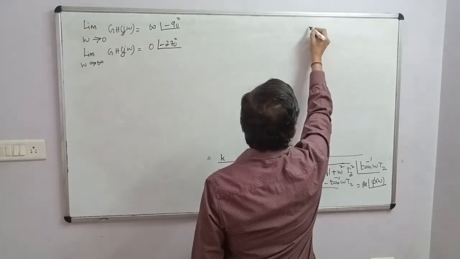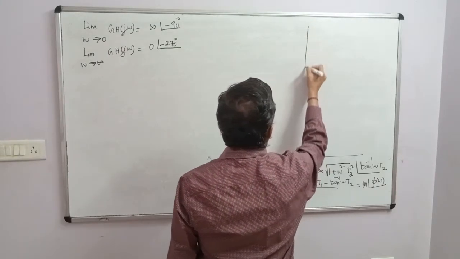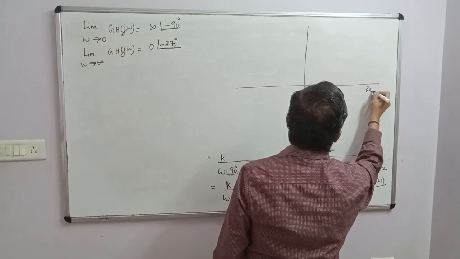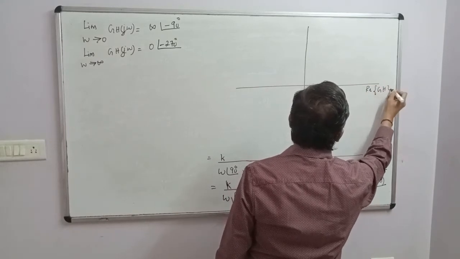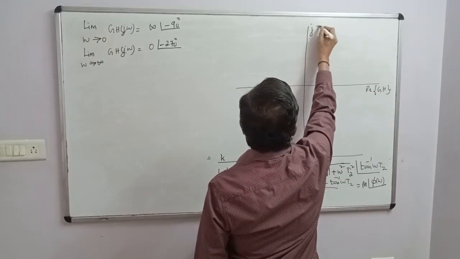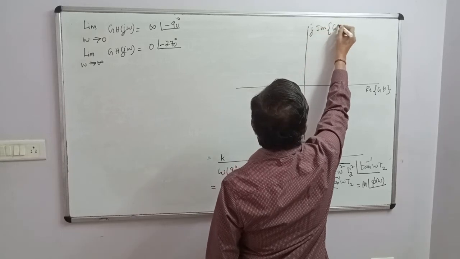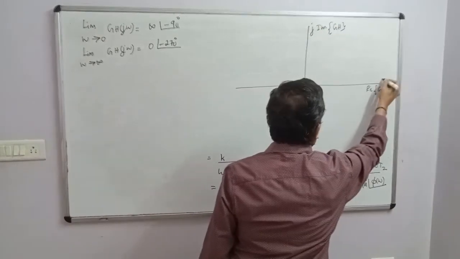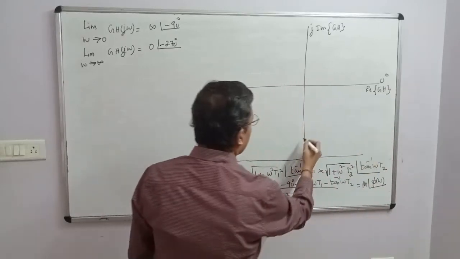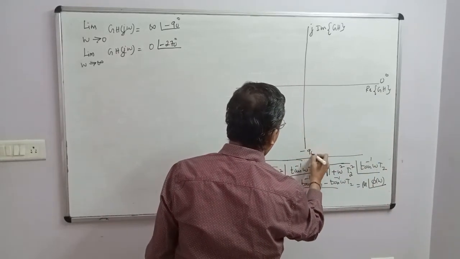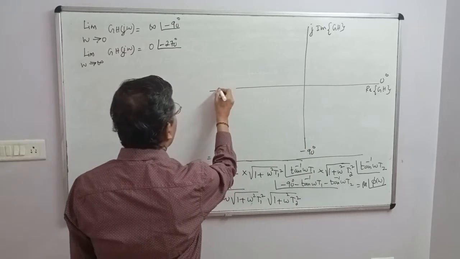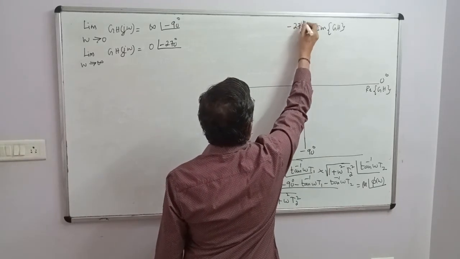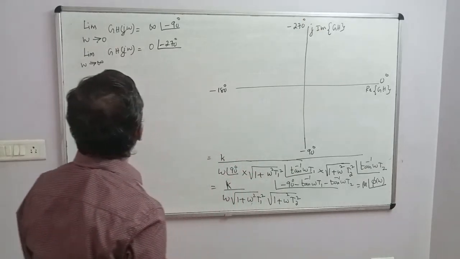The GH plane is a complex plane having real axis, real of GH, and imaginary axis, j times imaginary of GH. So this axis represents 0 degrees, this axis denotes minus 90 degrees, this axis denotes minus 180 degrees, and this axis denotes minus 270 degrees.